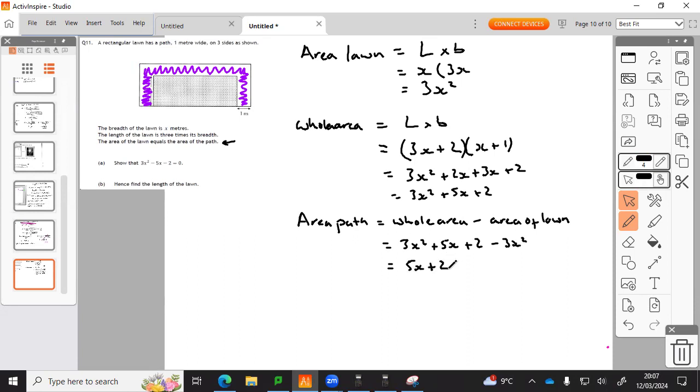The area of the path is 5x plus 2. We want to get to this point. Now it tells us the area of the lawn equals the area of the path. So we do area of lawn equal to area of path.